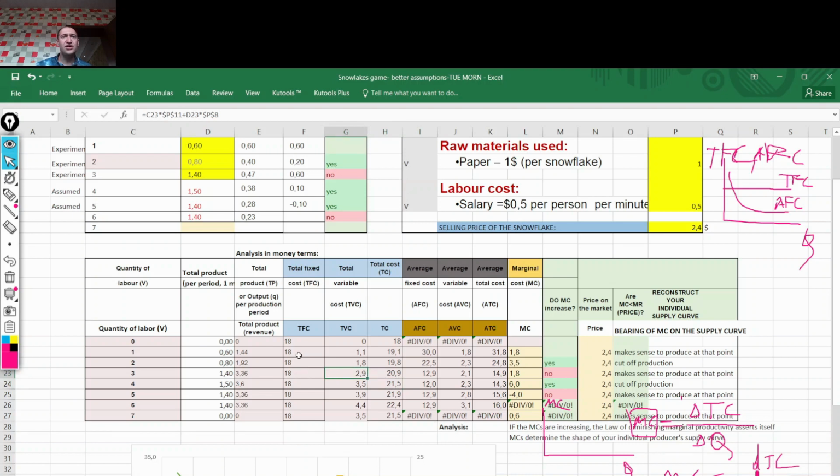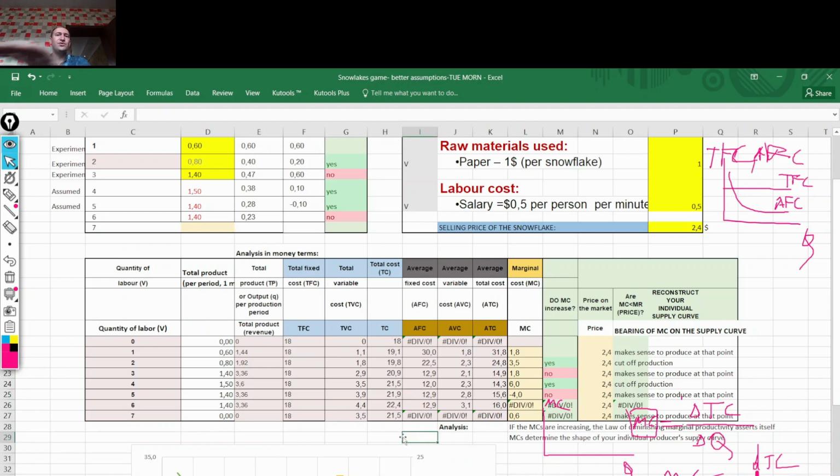The fixed ones don't change. They cannot change. So the only reason the total cost changes is because the total variable costs are increasing. Fixed are the same, total variable costs changing, so therefore the total costs are also changing. So the marginal costs only change because the total variable costs change.